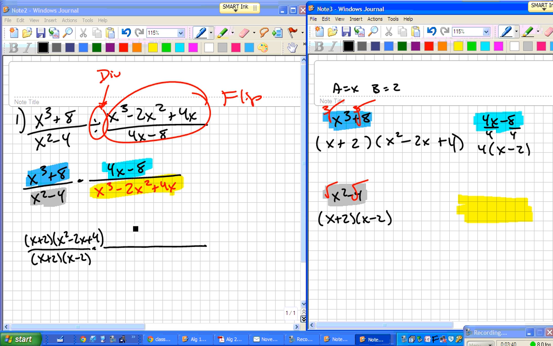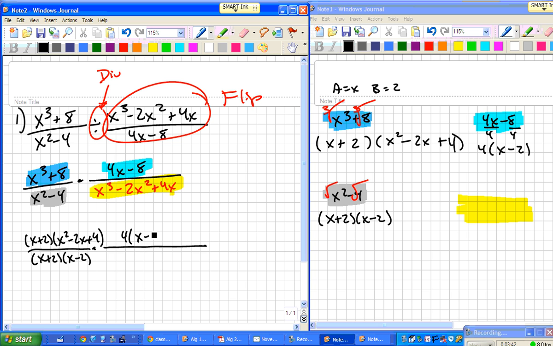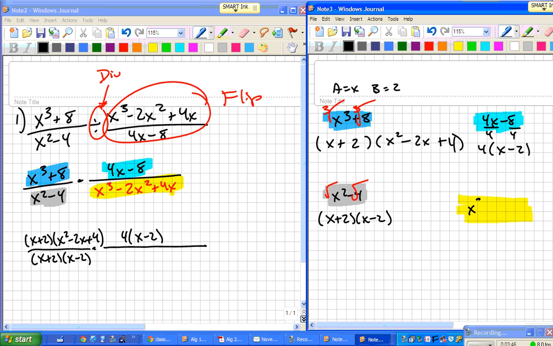And we get 4, x minus 2. Okay, and then the last one is x cubed minus 2x squared plus 4x. The GCF is an x. And then x squared minus 2x plus 4.